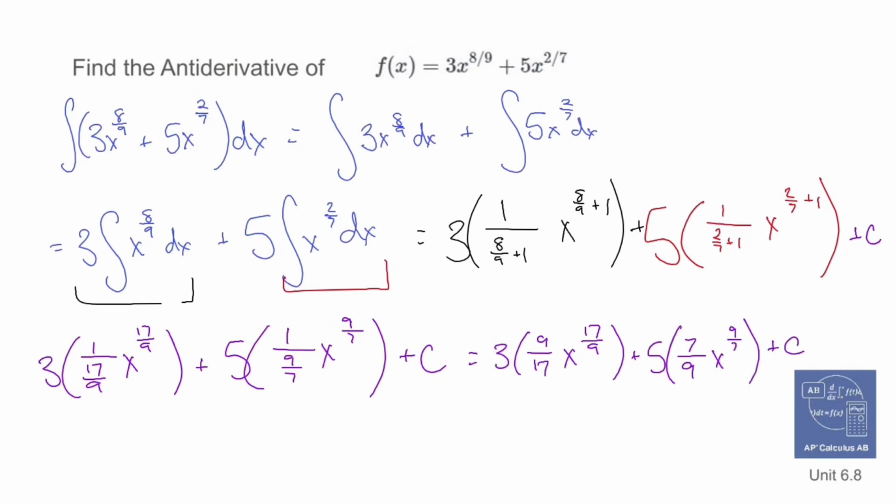And let's finish this puppy up by multiplying 3 times 9, 27 over 17, x to the 17 over 9 plus 35 over 9, x to the 9 over 7 plus c. Definitely not the prettiest one out there, but I think I did it right, so I'm sticking with it.